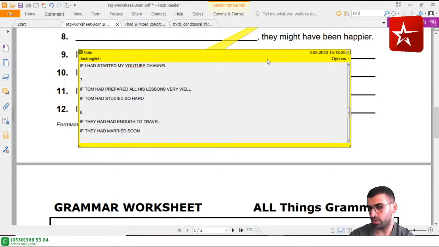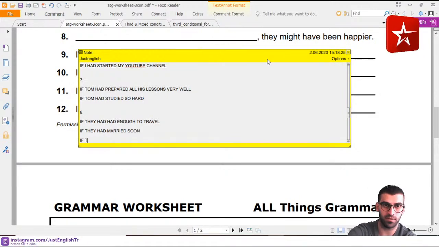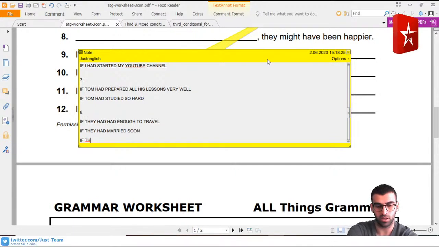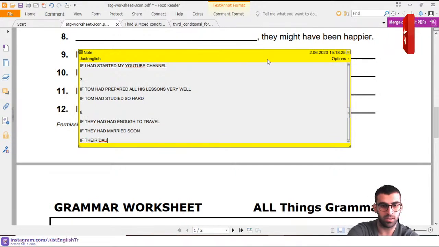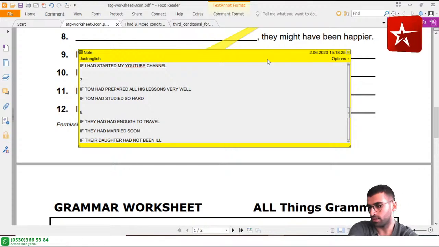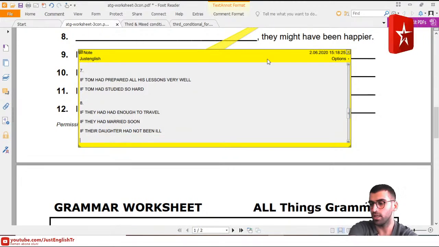Azmi says, if their daughter hadn't been ill. Yes, that is a different idea, but it is really correct. Good idea, good sentence, Miss Azima, thank you. If their daughter hadn't been ill, they might have been happier.